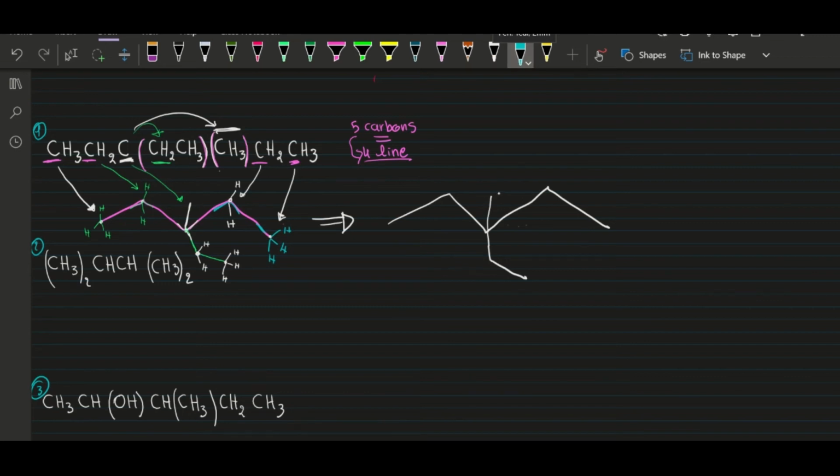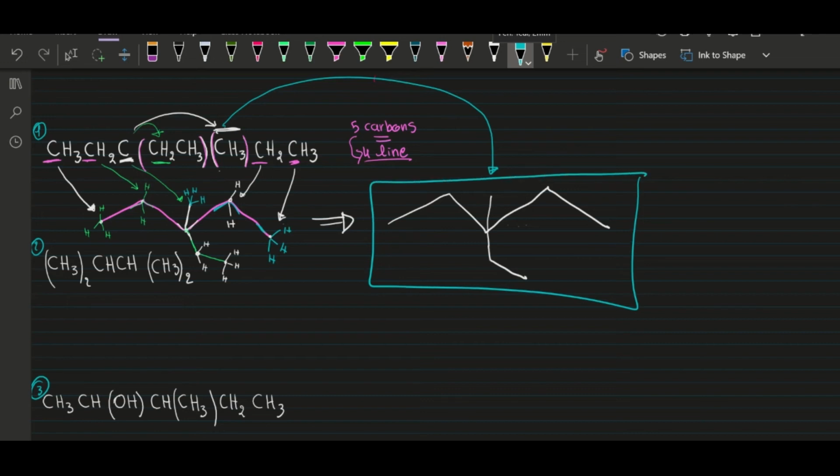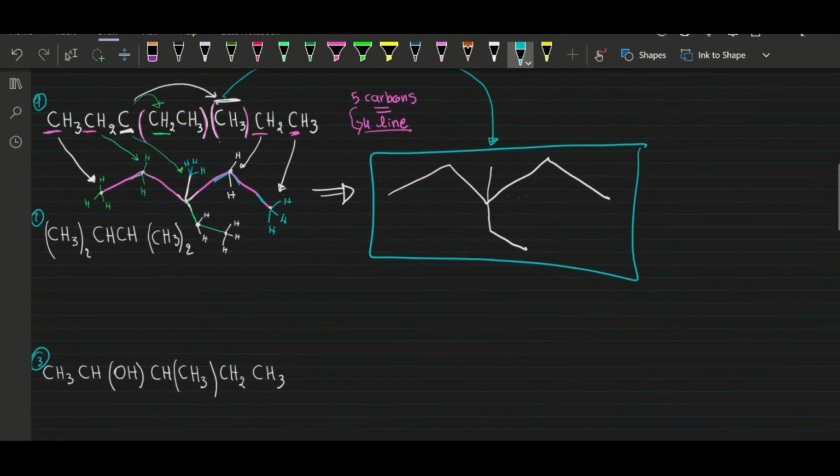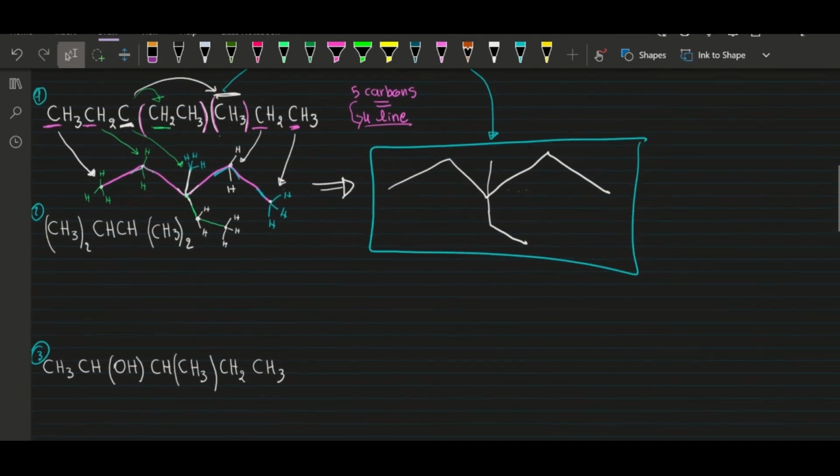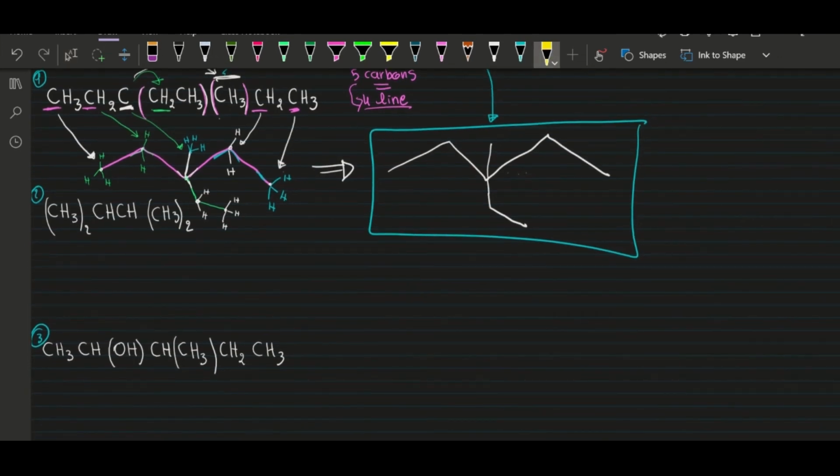And one more thing, this right here, just to make sure you have it, is gonna be CH3. So this is the final drawing of that. Okay. Now let's do the next one.